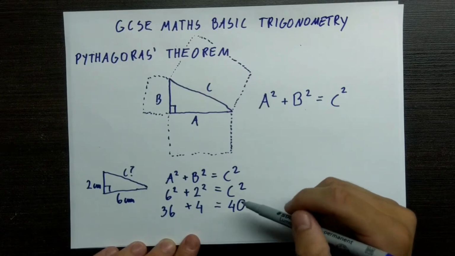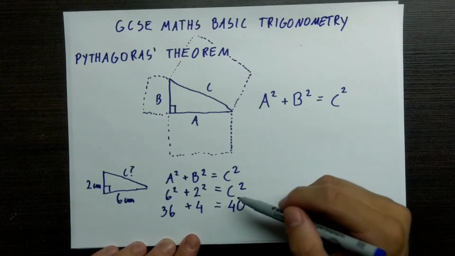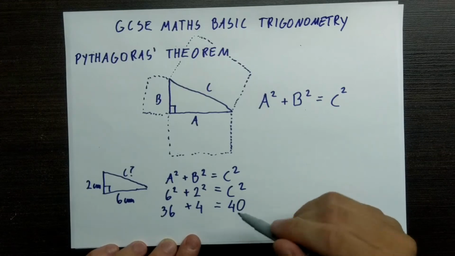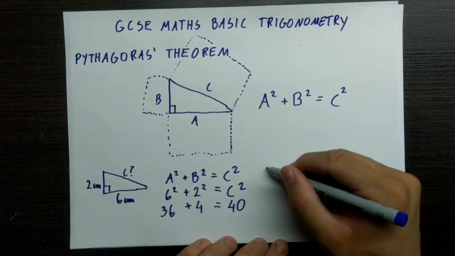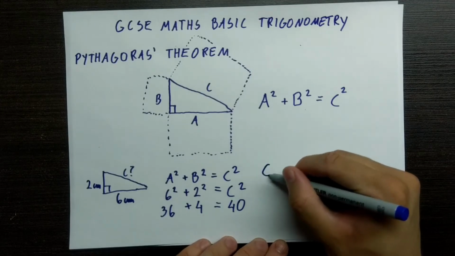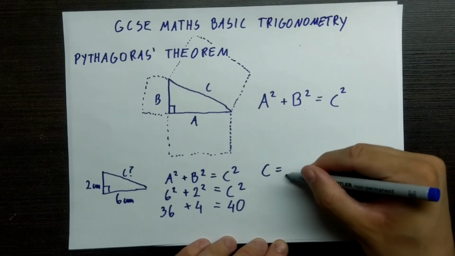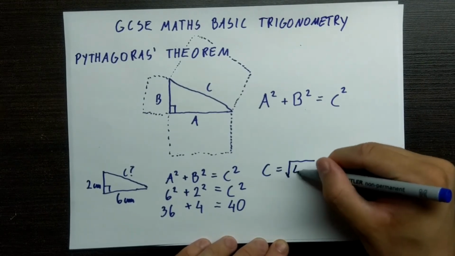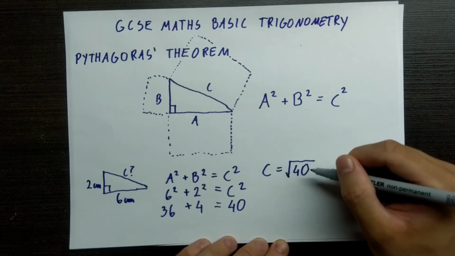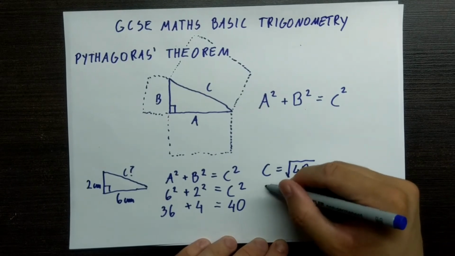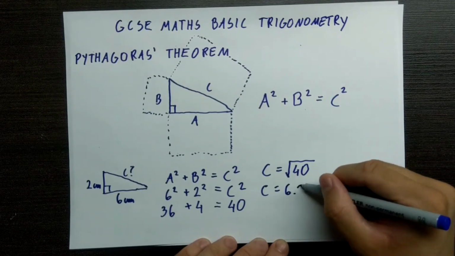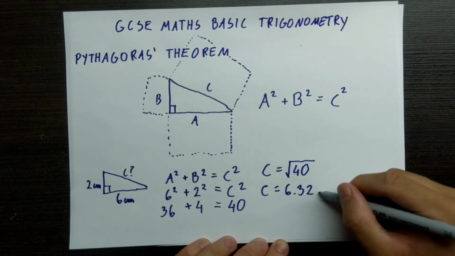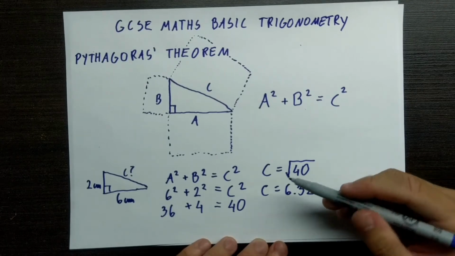So 40 is the value for C squared, but now we need to find the value for C. The final step is to find the root of 40. That works out to be about 6.32 centimeters. And that's it.